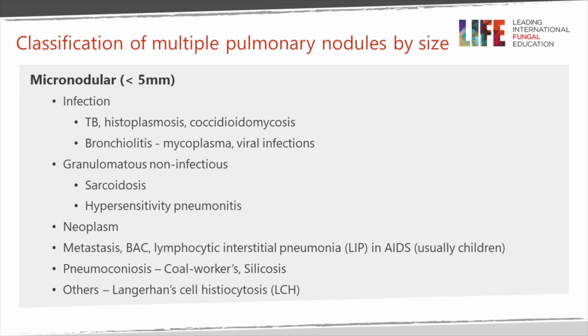It's rare to see numerous micronodular metastases, but bronchoalveolar cell carcinoma, where tiny areas of tumour have spread throughout the bronchial tree, are characteristic of this. And also occasionally we'll see lymphocytic interstitial pneumonia. We've already mentioned silicosis and Langerhans cell histiocytosis.